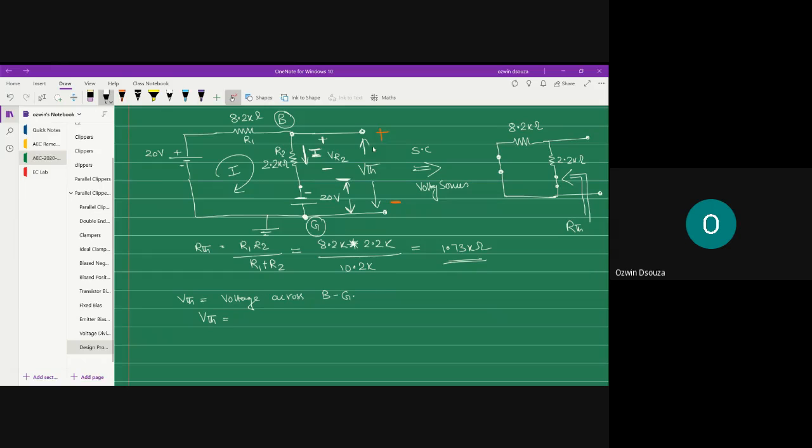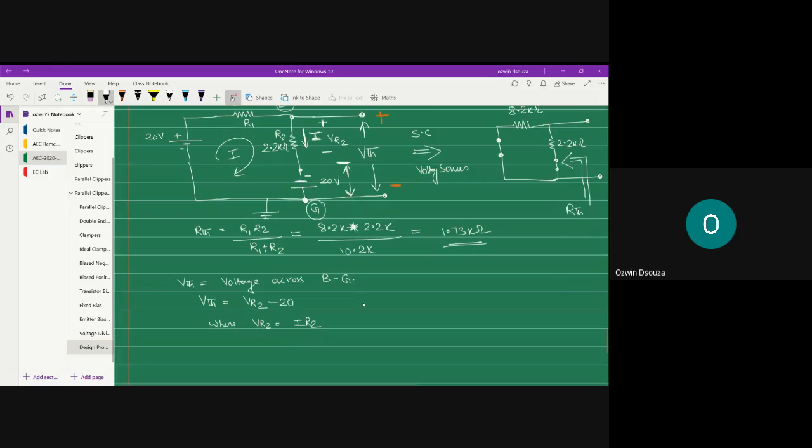So we can write VTH as VR2, because it is minus to plus. On the other hand, 20 volt is appearing in phase opposition, so this becomes minus 20, where VR2 is I into R2.